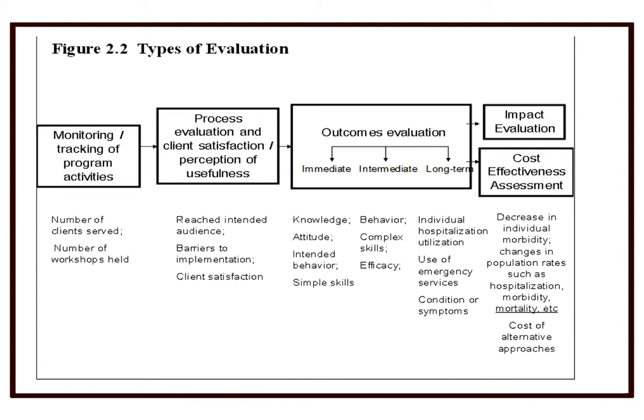And then long term might include such things as individual hospitalization utilization for, say, children's asthma is reduced, the use of emergency services instead of a regular doctor is reduced, reduction in conditions or symptoms.